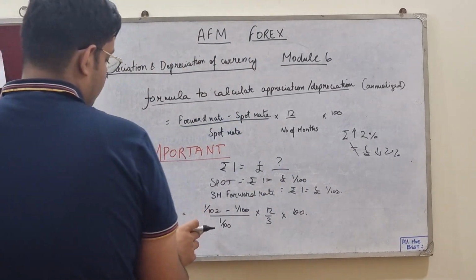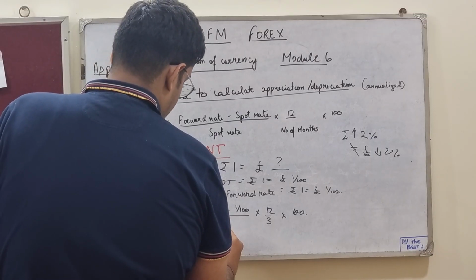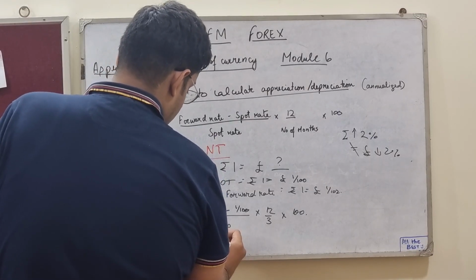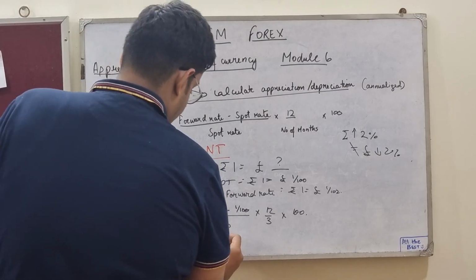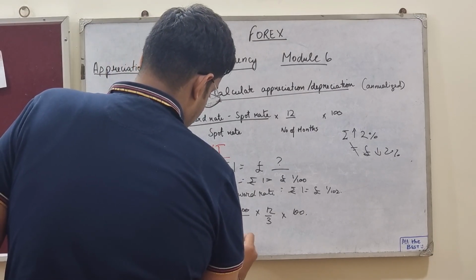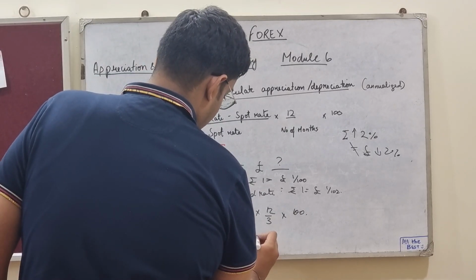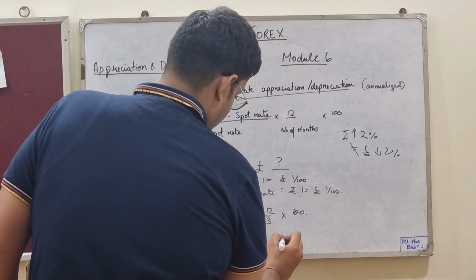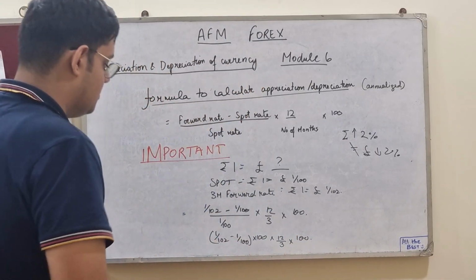Alright, so we can take the reciprocal here, and that would be 1 by 102 minus 1 by 100, the whole into 100 into 12 by 3.